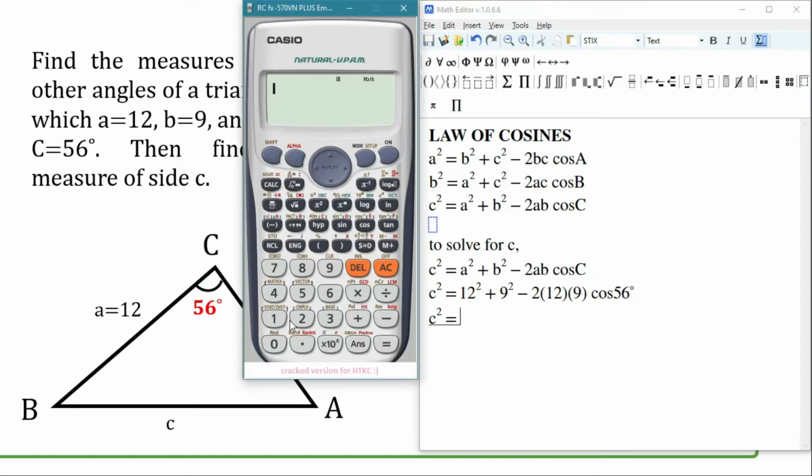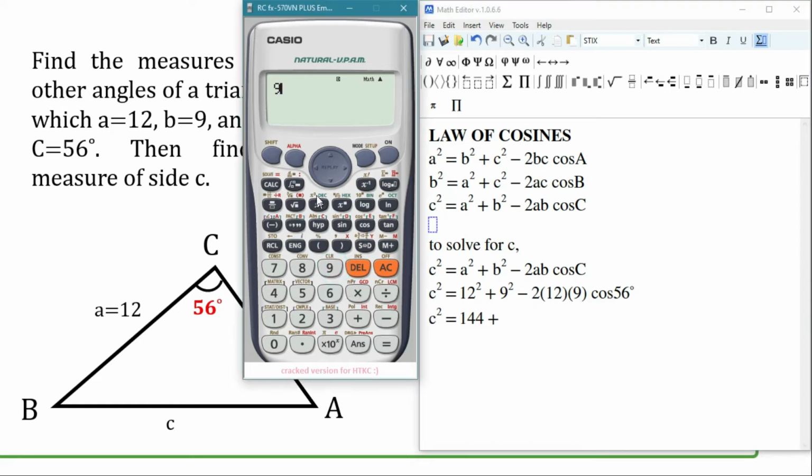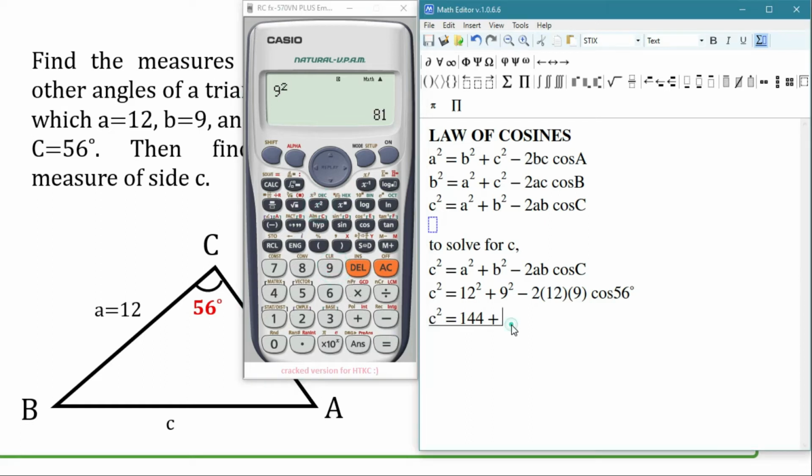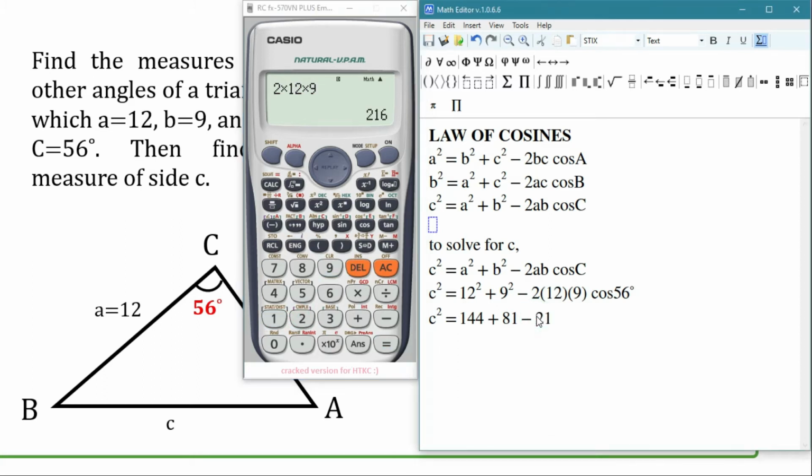So that's going to be 12 square, that is 144, plus 9 square, which is 81, minus 2 times 12 times 9, that is 216. 216 multiplied by the cosine of 56 degrees.